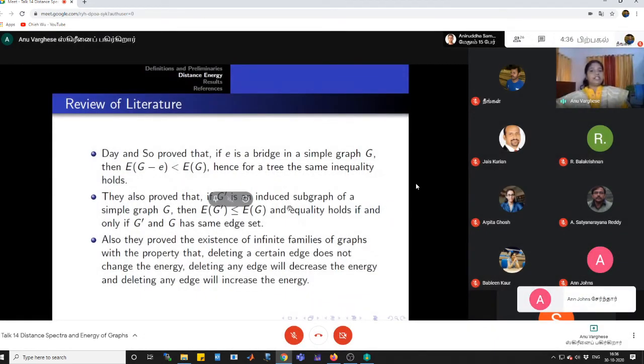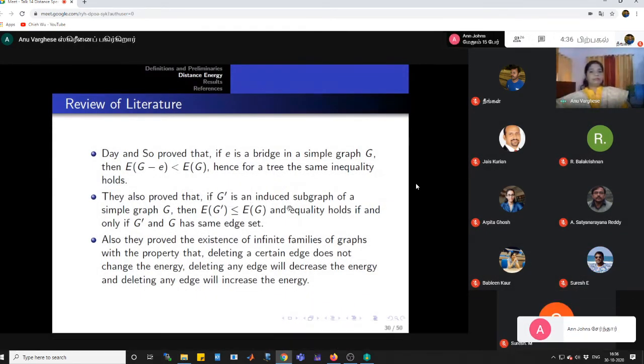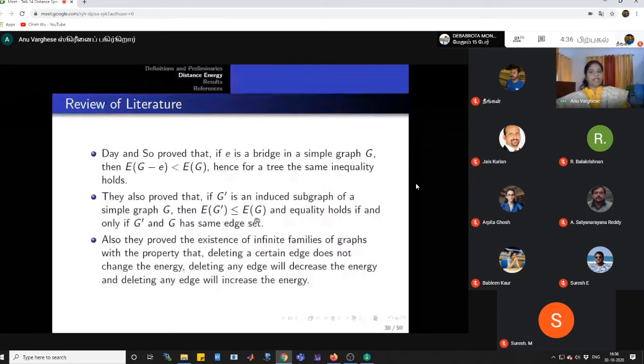If G' is an induced subgraph, they proved that the energy of G' is less than or equal to the energy of G, and equality holds if and only if G' and G have the same edge set. That means if we remove only isolated vertices, the edge set will be the same, and such induced subgraphs will have the same energy. Energy will not change.